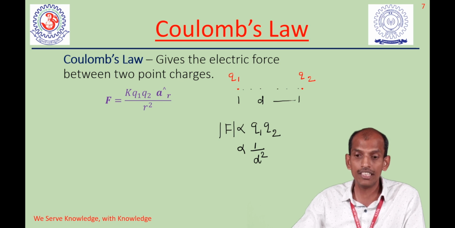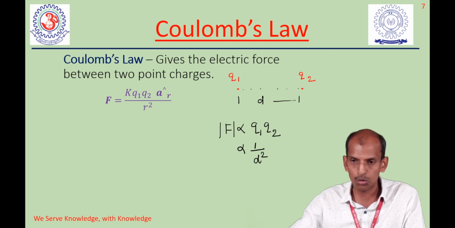So I need a direction of this force. The direction of this force is always along the line joining these two charges. Please be careful, be noted that the direction of this force is always along the line joining the two charges.